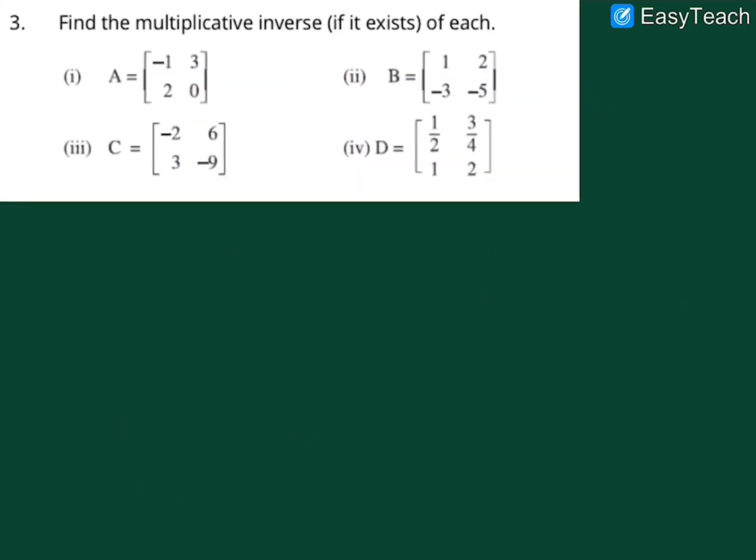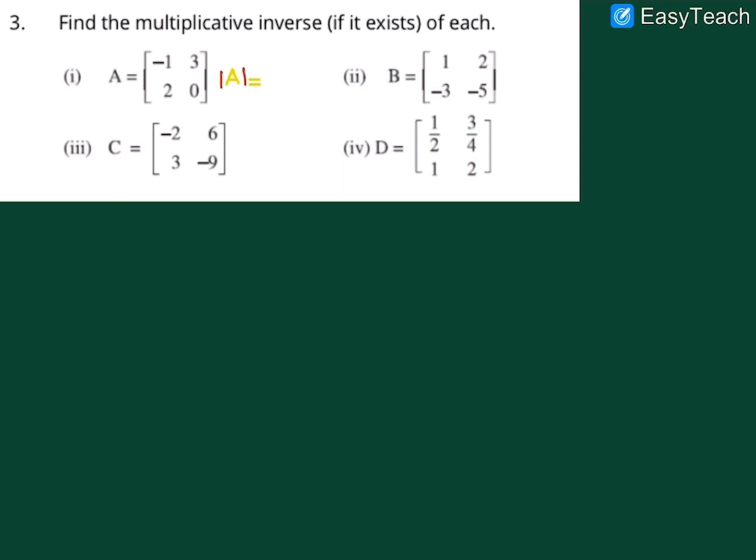Question 3 says find the multiplicative inverse, if it exists, of each. If it exists means if the determinant of a matrix is equal to 0 and it is singular, then its inverse will not exist. That's why it's written here, if it exists. First of all, let's find A determinant.